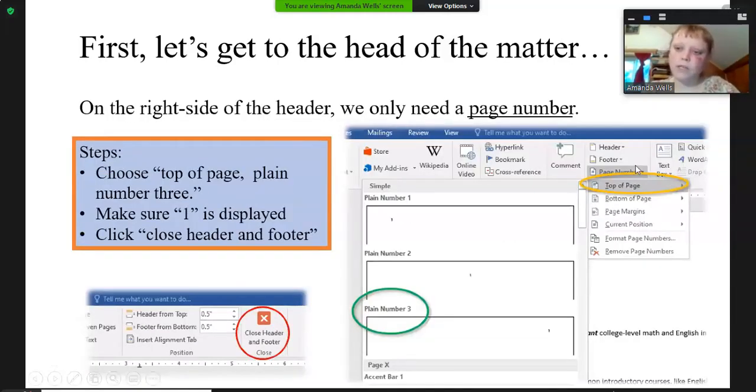Once you've clicked on page number, it's going to come up with this box, and you're going to click on top of page, and then you're going to click on plain number 3. Make sure that the number 1 is displayed. It should do it automatically, but just in case something goes wonky, you want to double check that you are starting out with 1. Then you can close your header right over here. You hit that button right there.